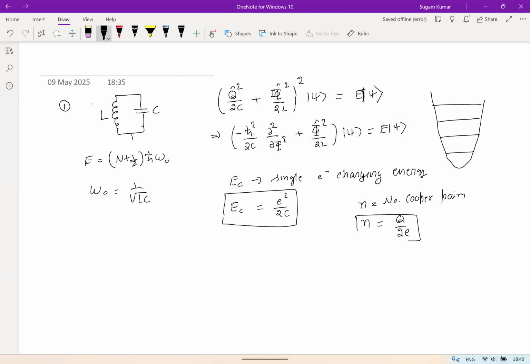This is what we discussed yesterday already. In that sense, this energy, which is called UC, and this energy called UL, sum to the total energy. This UC then comes out to be 4 times EC into N square.